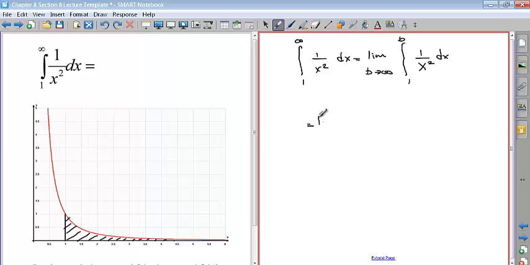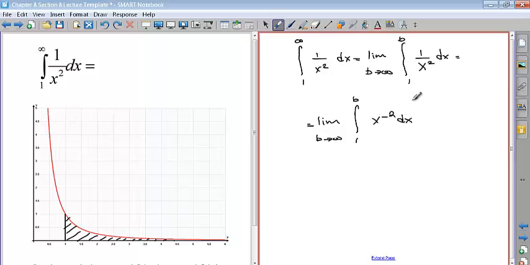Okay, so once you've changed the limit from infinity to b, then you just do the integration, and so this will be x to the minus 2 power. If we rewrite that, move that to the numerator, you have the integral from 1 to b of x to the minus 2 power dx.